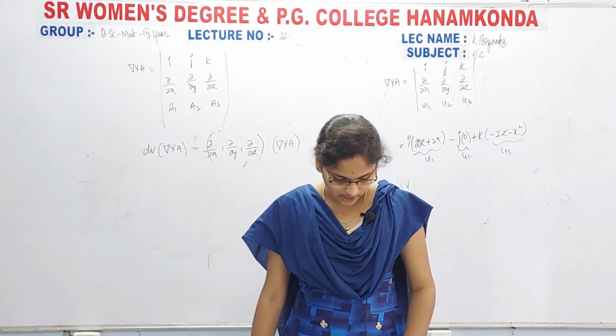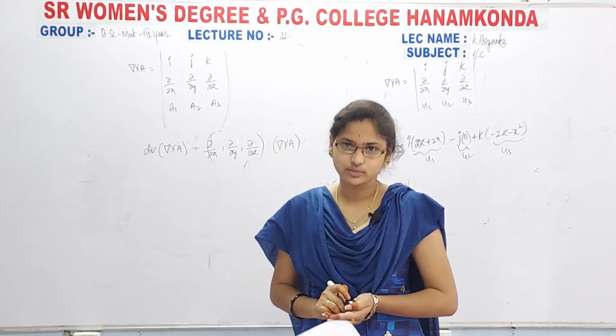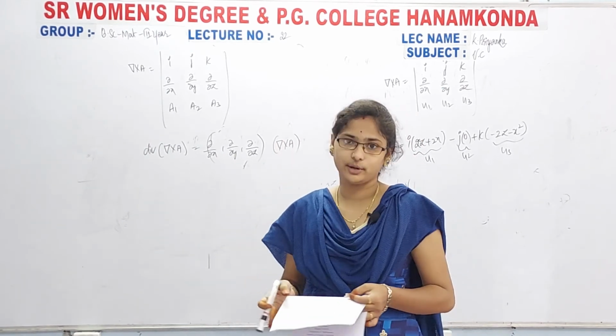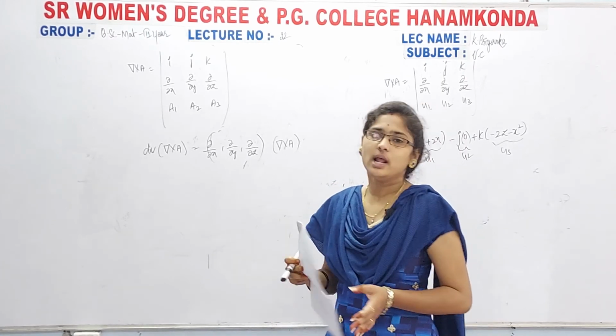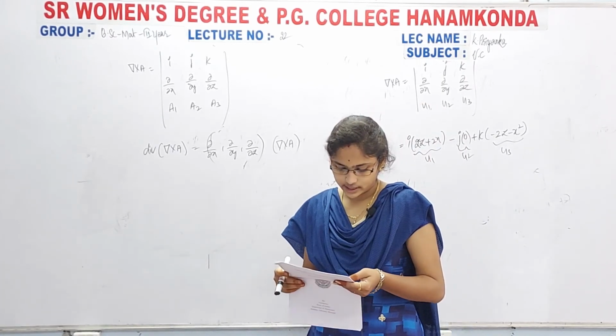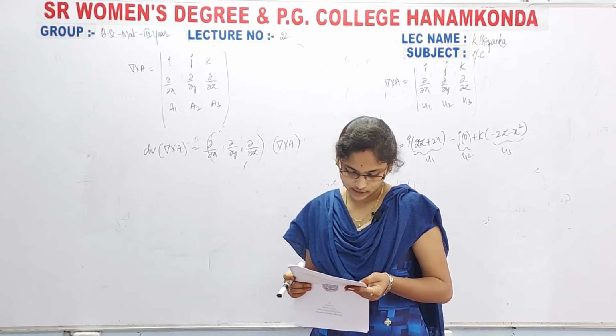Finally you will get the answer in terms of dou square A3 by dou x and so on. So calculate it, and if not, inform me once and I will send the solution.